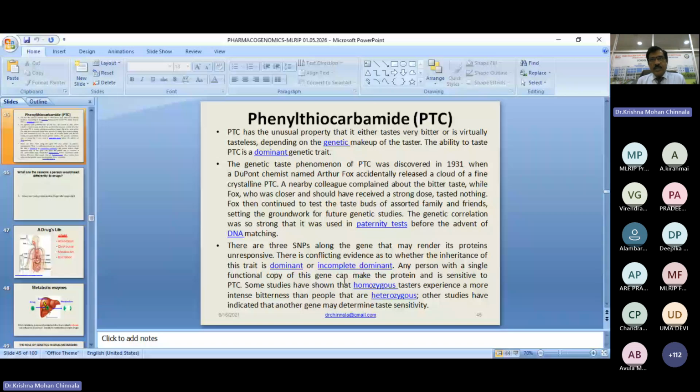So the adjacent scientist made a complaint that it is so bitter in taste. But the person who was transferring doesn't feel that it is bitter in taste. So then this genetic variation and drug action came into the picture.